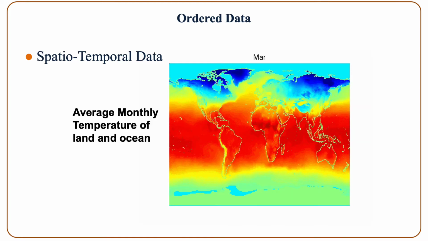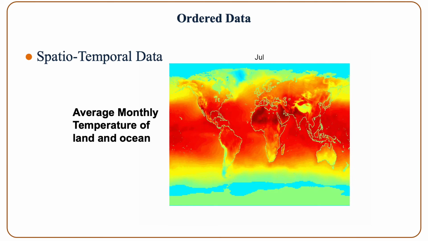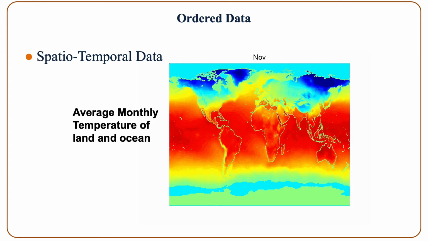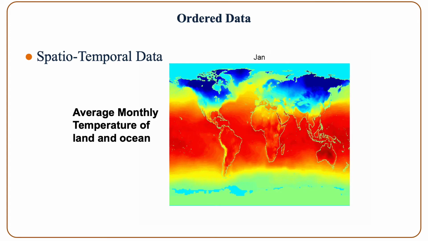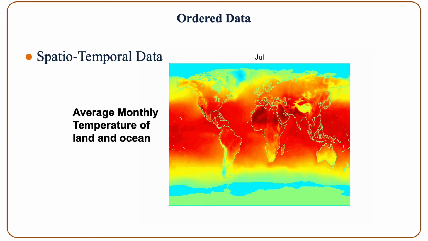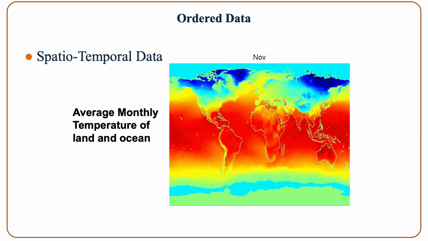Other types of order data include spatial data. As an example, transactions at different times. Spatial data, where we have examples such as weather data, which could be collected at different geographical locations.